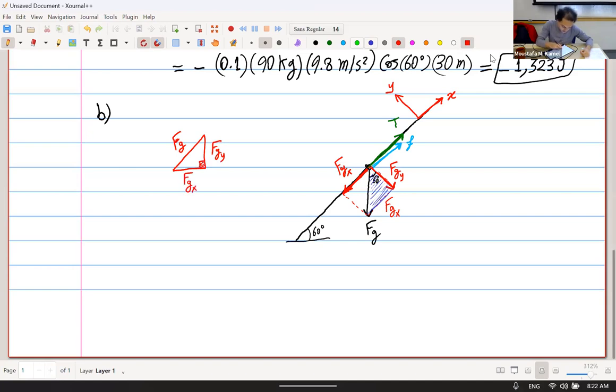This is a right angle triangle, and this angle here is 60 degrees. Okay. So sine of 60 degrees is opposite over hypotenuse. So this is Fgx over Fg, right?